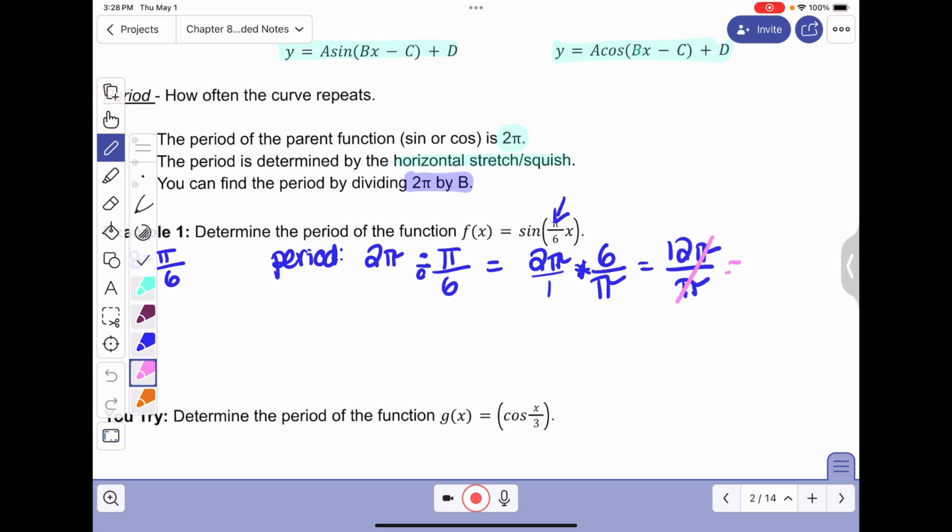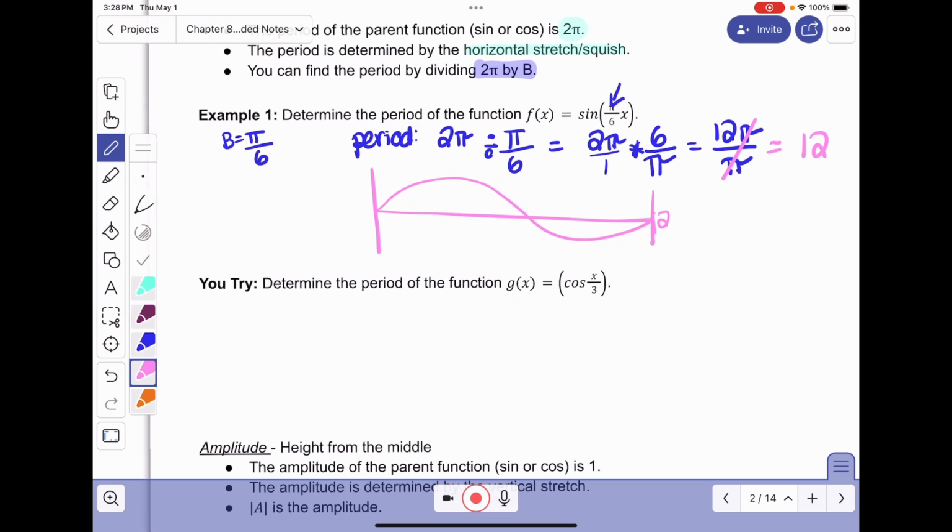Those cancel, so my new period is 12. That just means on a graph, that sine shape is going to repeat all the way to 12, so instead of being 2 pi, this is going to be 12.